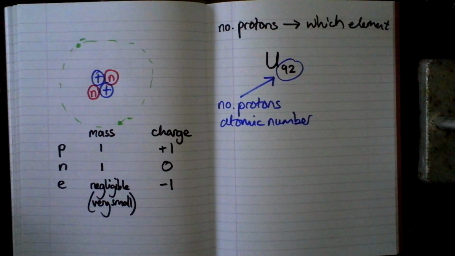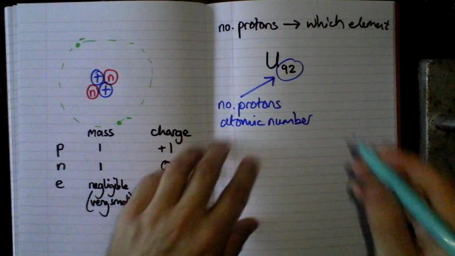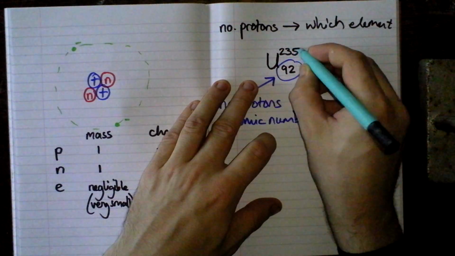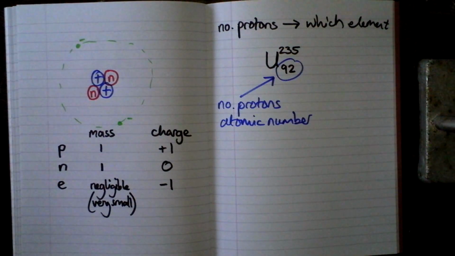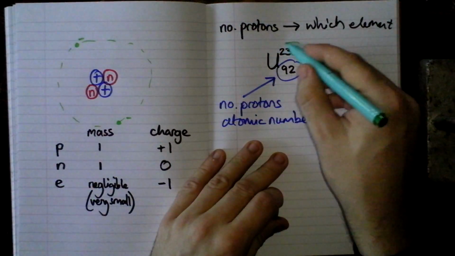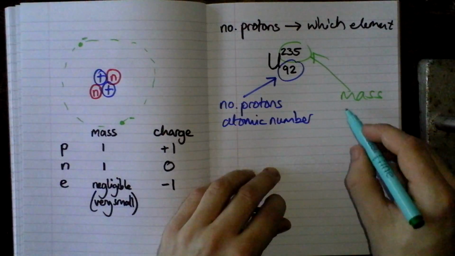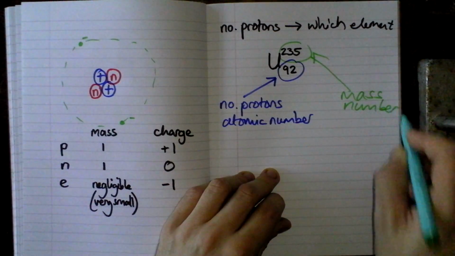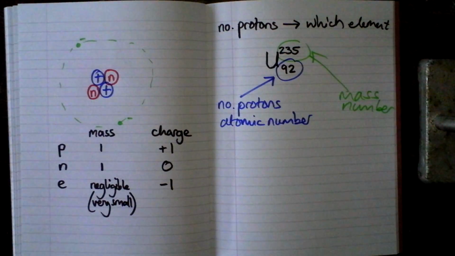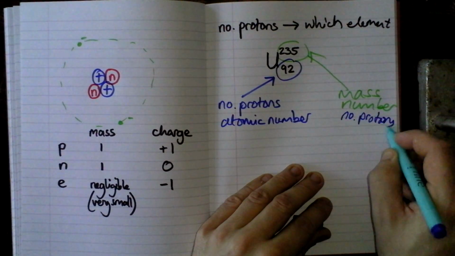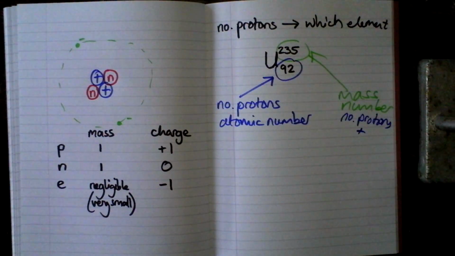We'll also write another number, and in this case I'm going to pick 235, and that tells me, well, that's our mass number. It tells me how heavy this nucleus is. And that is the number of protons plus the number of neutrons.